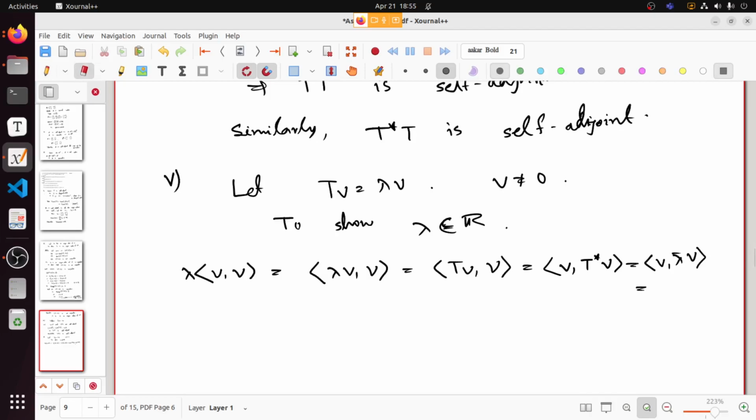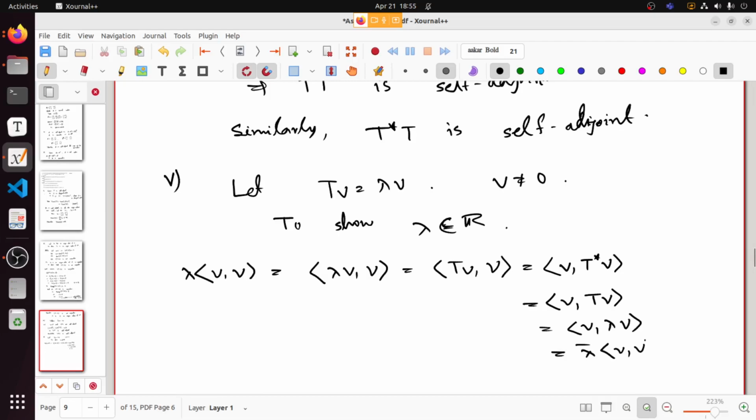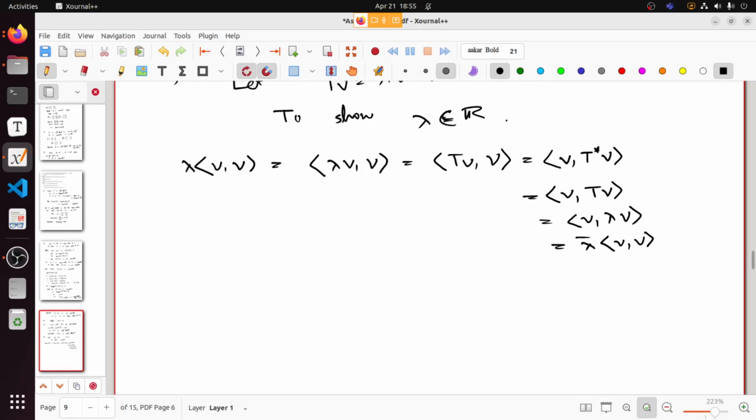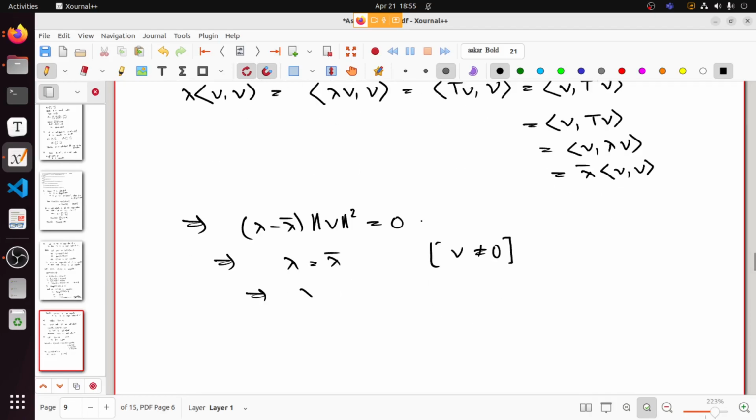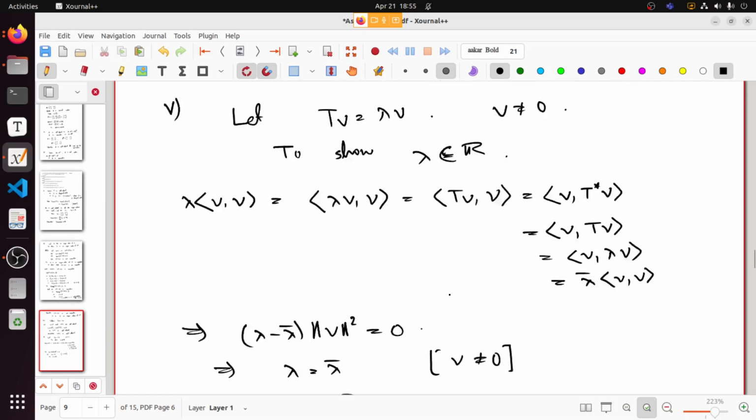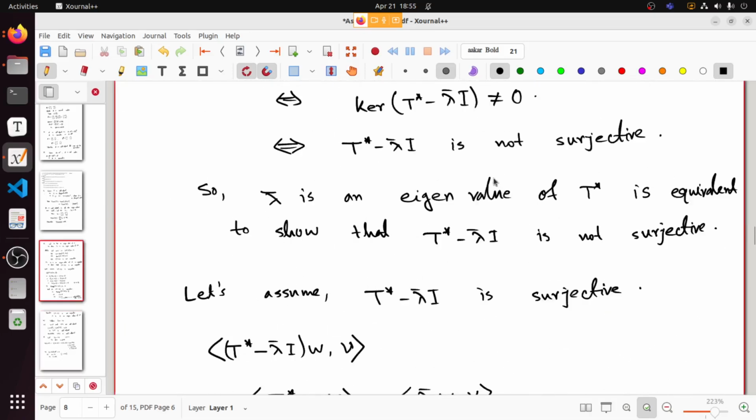Oh sorry, T star is again T. So this will be V times lambda V. When this comes out, it will come out as lambda bar V V. So what we have got is lambda minus lambda bar times norm V squared is 0, but V is non-zero, which implies lambda equals lambda bar, as V is non-zero. So which implies lambda is a real number. So therefore option number 5 is correct.